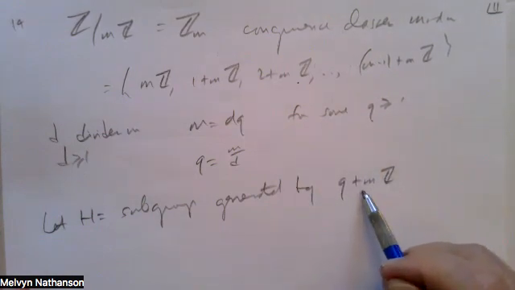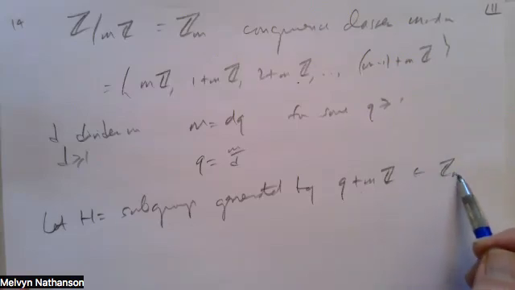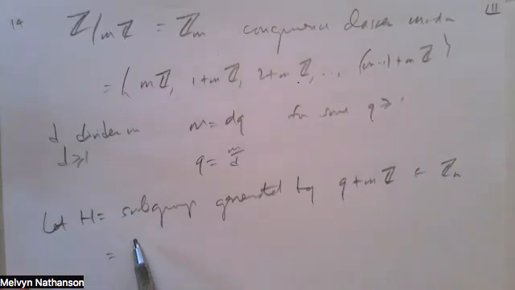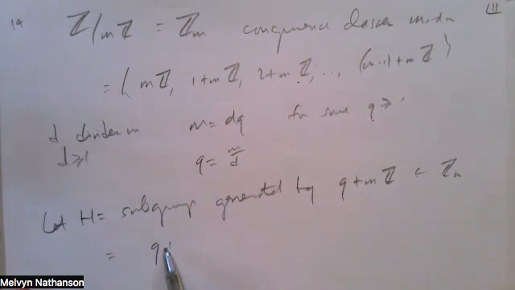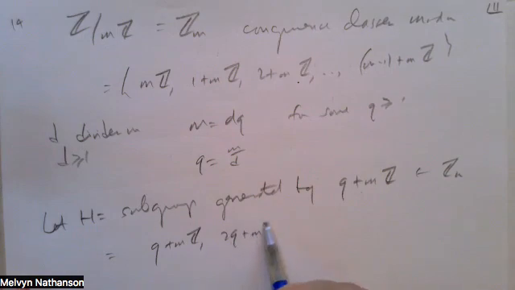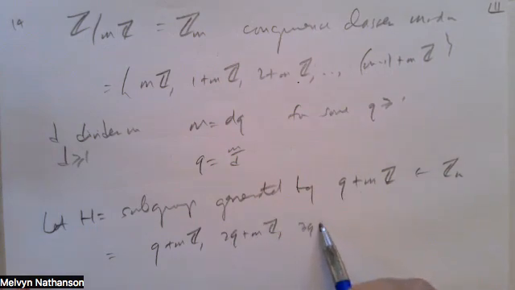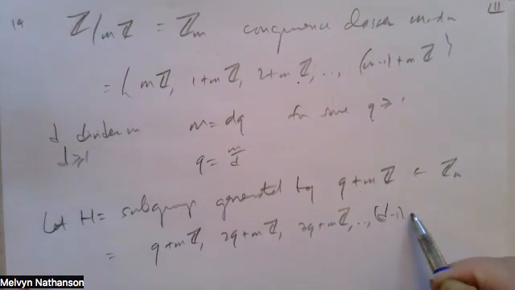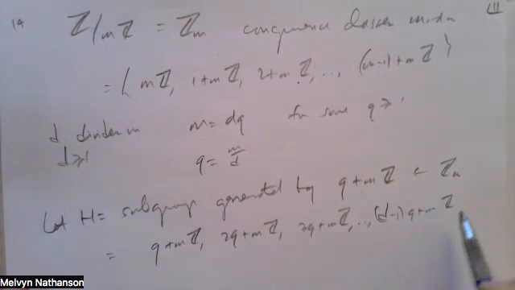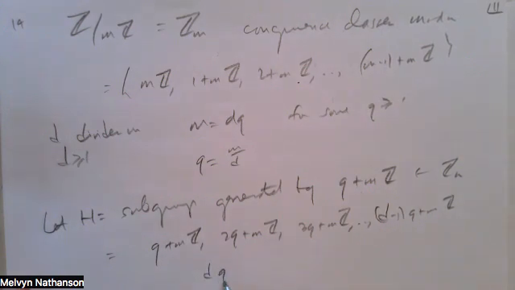This is a congruence class, right? So what is this? This is Q plus mZ, 2Q plus mZ, 3Q plus mZ. I'll get to (D minus 1)Q plus mZ. And the next element I get when I add will be DQ plus mZ.